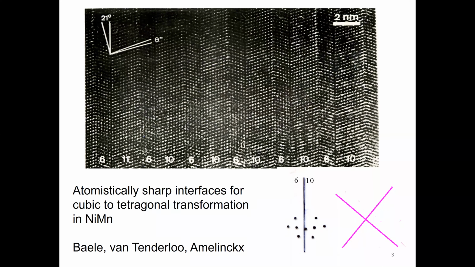If you look very carefully at the dots, you see that the cubic axes are like this and into the screen, perpendicular to it. So you see that on one side, it's formed one tetragonal variant by stretching in this direction more. And on the other side, it's stretched in a different direction. It's chosen another variant.